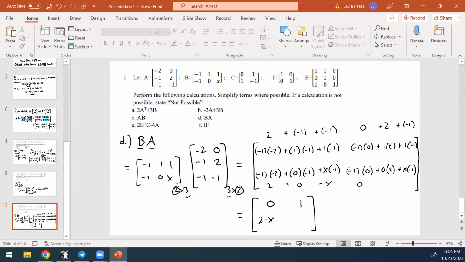And then 0 plus 0 minus x is negative x. And I believe the solutions are in this. Let me just double check. Any questions on that? 0, 1, 2 minus x, negative x. We got that. So that's how you do matrix multiplication. If you can do that one, you're on your way, right? You're good to go.